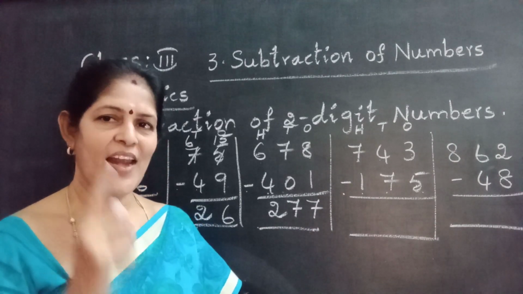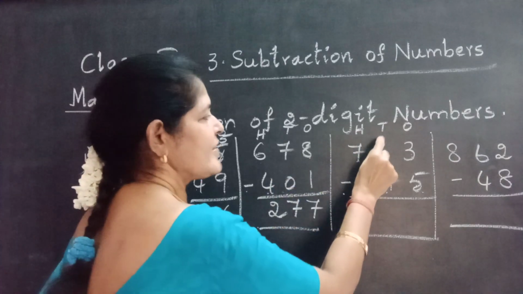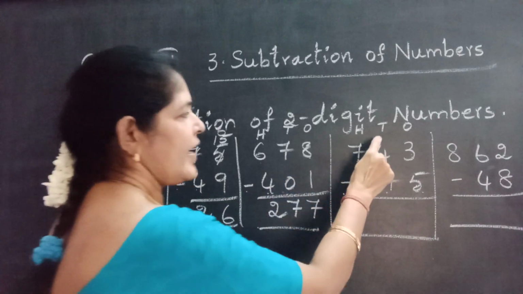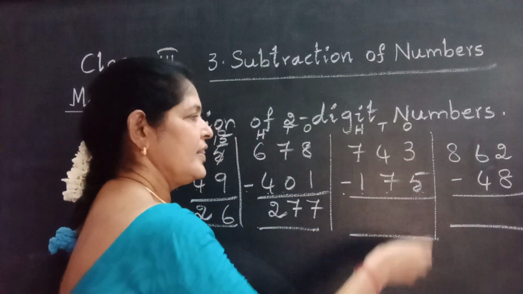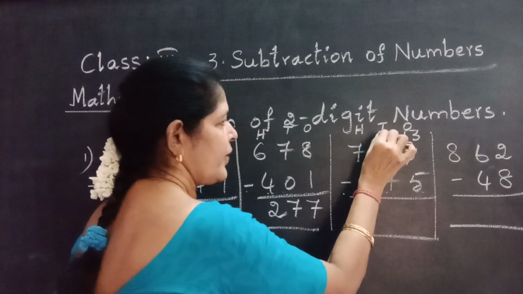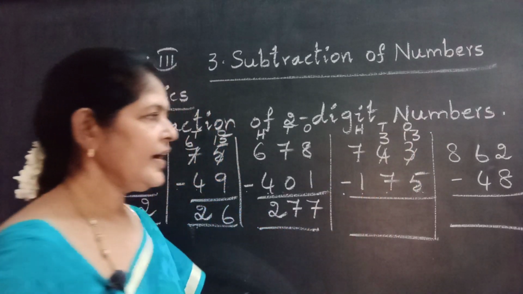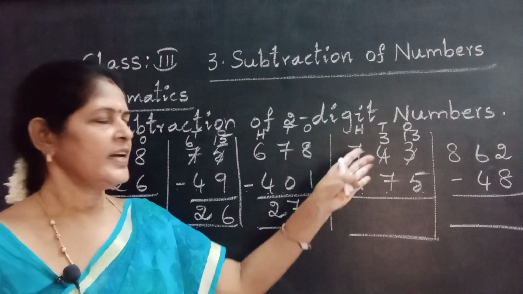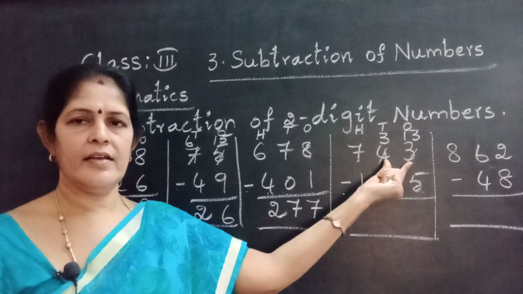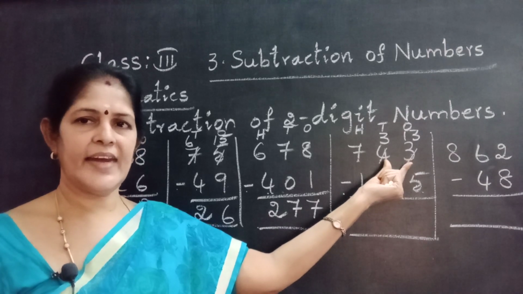That means one number moving from tens place to ones place. Then 3 becomes 13. 4 becomes 3. At a time you have to change both numbers. Don't forget the changing of numbers at a time.